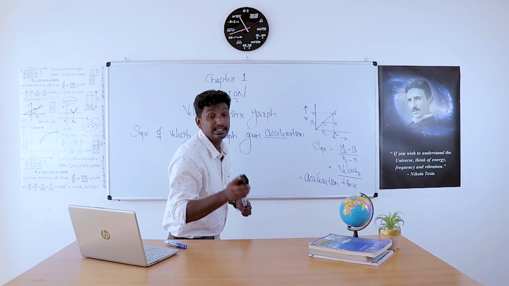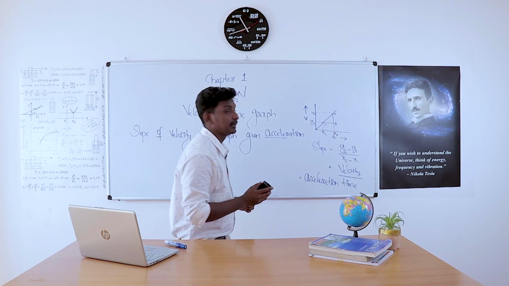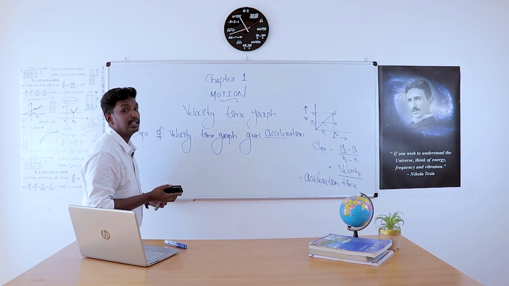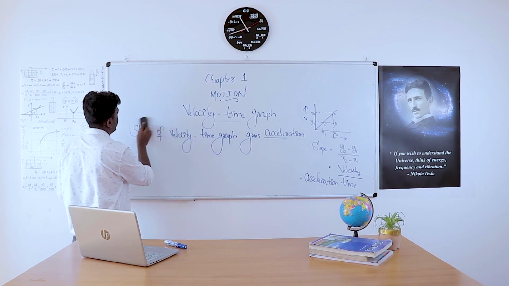Now we have to find the area under velocity time graph. That also gives us a term.